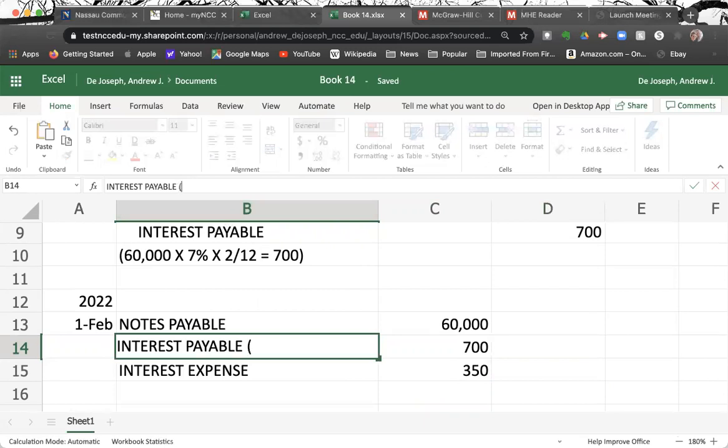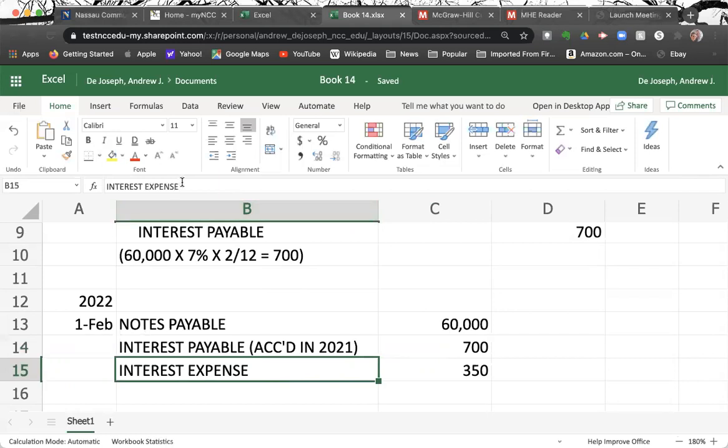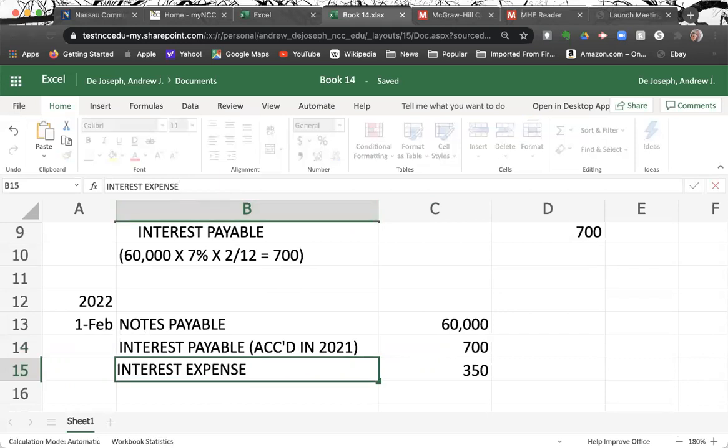So what I'm going to say here was this was accrued in 2021, right? And here I'm going to say, now you don't have to put this in Connect, but I'm just putting it here so that you understand what it is that you're supposed to be doing.